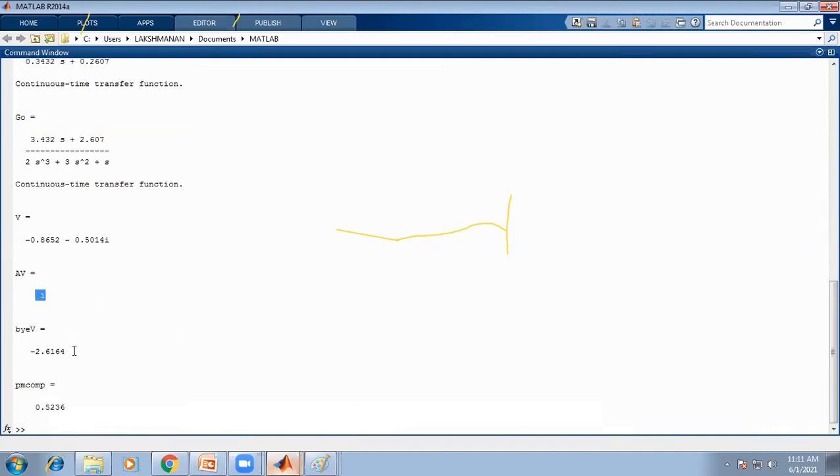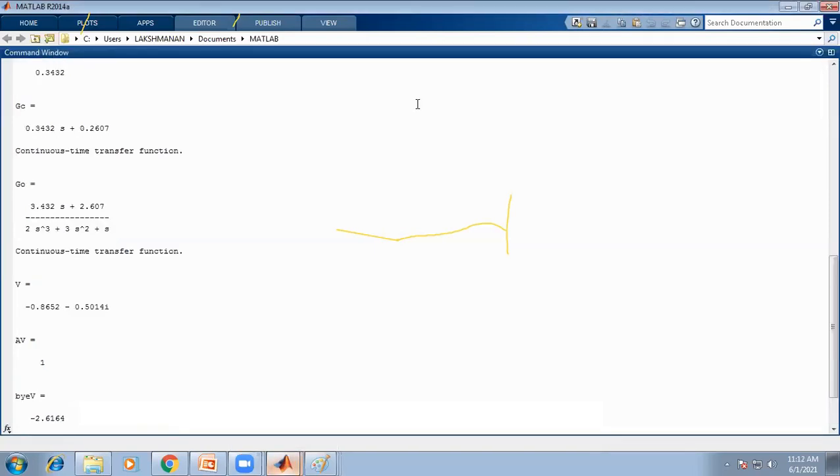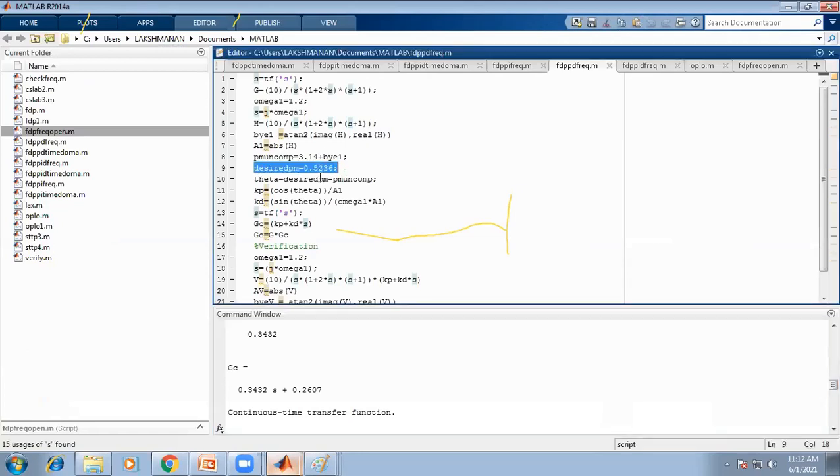Magnitude I will get 1. Then the pi value is actually minus 2.614, which is nothing but, if you check the final answer, 0.52. What we import here is 0.52, and that value we can also import as a desired phase margin.